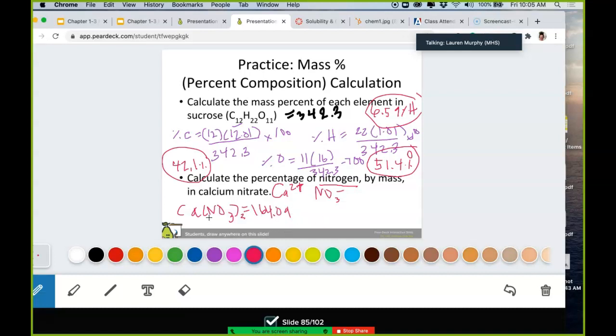Okay? So they only want nitrogen. So the percent of nitrogen is, there are 2 nitrogens in here. So 2 times nitrogen's molar mass, 14.01, divided by the total molar mass of the compound, 164.09, and then times 100. So let's see.